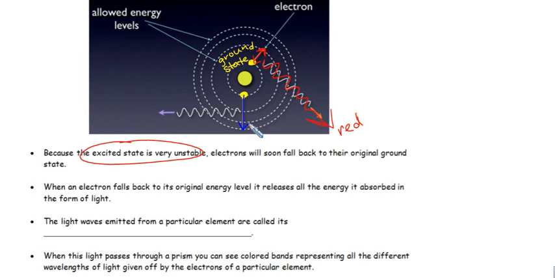If that extra energy is released in the form of light, now we're going to see a higher energy color because we absorbed more energy to go up 4 levels. So in order to fall back down, we need to release that energy. And now this time it might be like blue light. Or maybe it's violet.